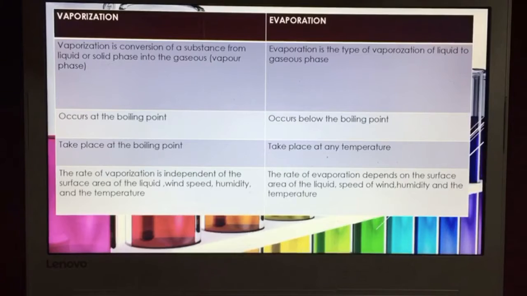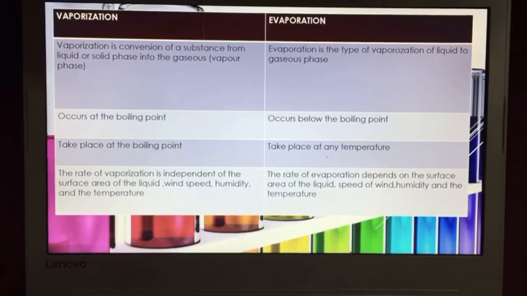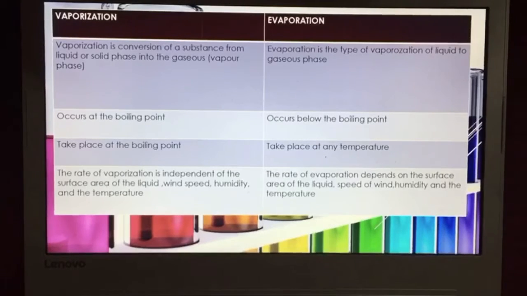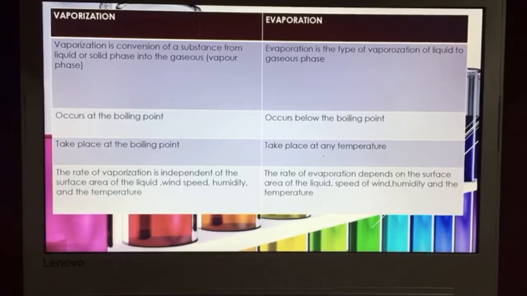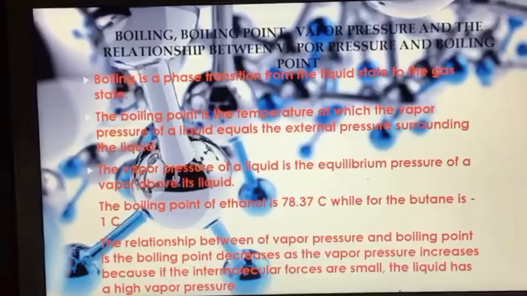Okay, next, evaporation. Evaporation is a type of vaporization of liquid to gaseous phase. It occurs below the boiling point. It takes place at any temperature. The rate of evaporation depends on the surface area of the liquid, speed of wind, humidity, and the temperature.